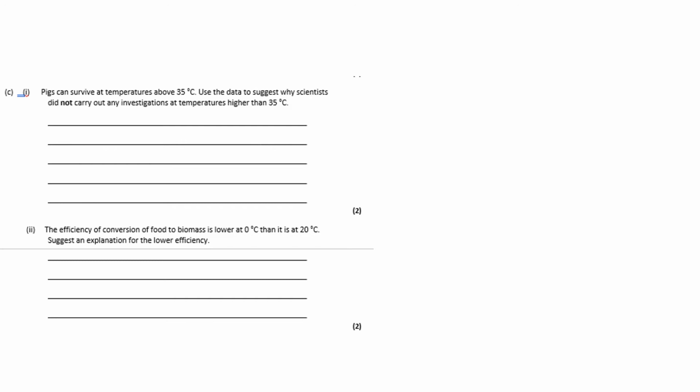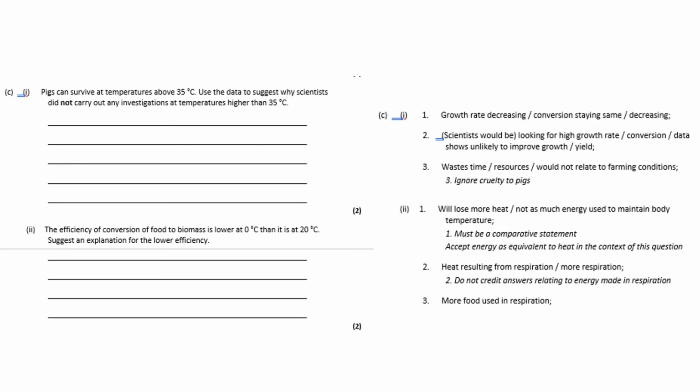For the first part of C, the pigs can survive at temperatures above 35 degrees C. It says, use the data to suggest why scientists did not carry out an investigation at temperatures higher than 35 degrees. So have a look at the mark scheme. Obviously, you can see from the data in the table that growth rate is actually decreasing. So the scientists are looking for the optimal temperature for the growth rate in pigs, for that conversion of food into biomass.